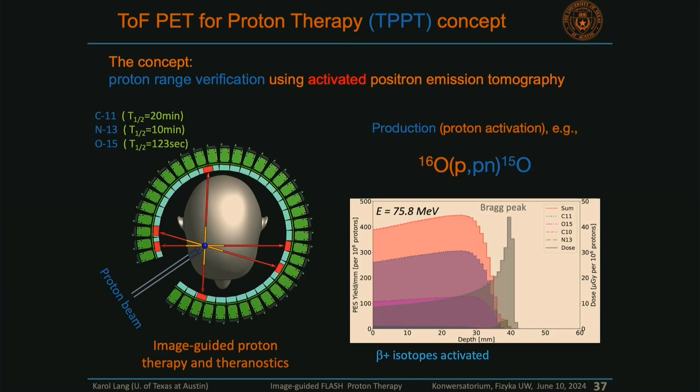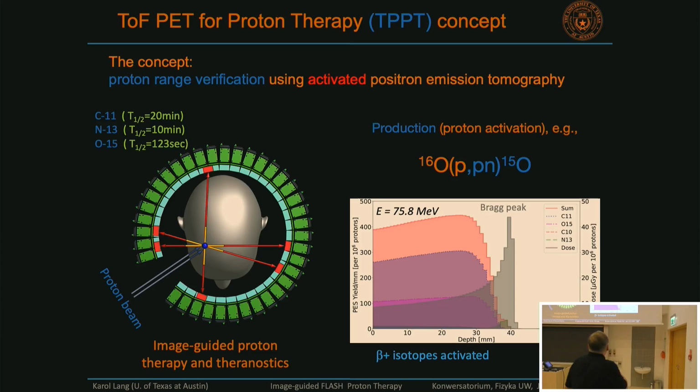In proton therapy, nuclear fragmentations, or so-called PN reactions, lead to the creation of, for example, oxygen-15, carbon-11 or nitrogen-13 that live very short times. These have half-lives of 20 minutes, 10 minutes, 120 seconds. I will show you also carbon-10 that we later detected. Carbon-10 lives 20 seconds.